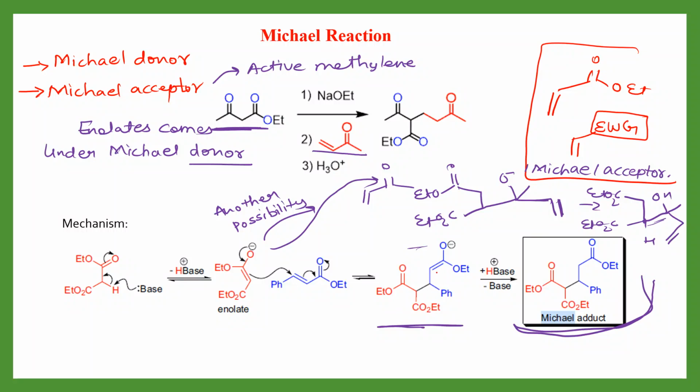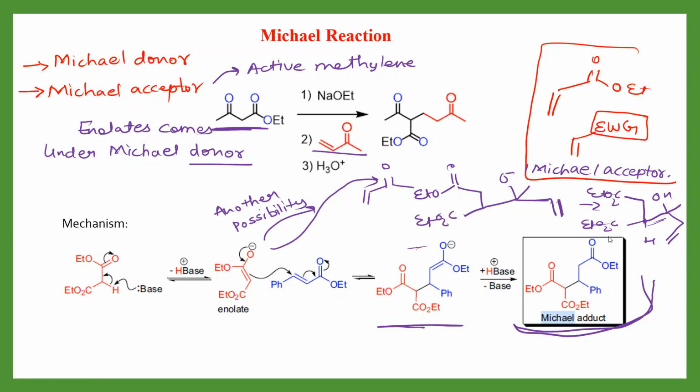So if we look at this structure, first of all, this is a more stable adduct with respect to this. And our final product is also relatively more stable than this. Therefore, remember always in the Michael reaction, you have to do 1,4 addition.